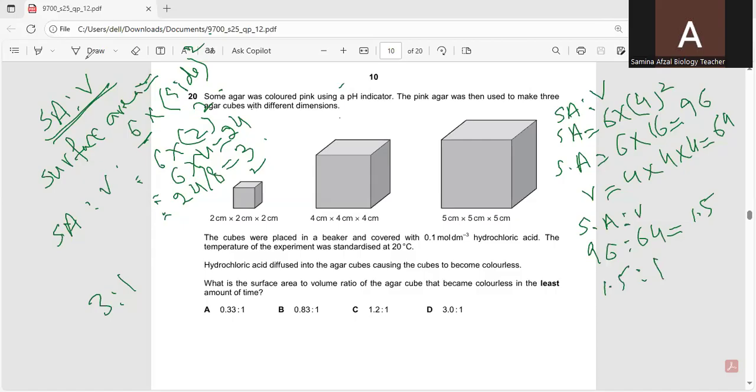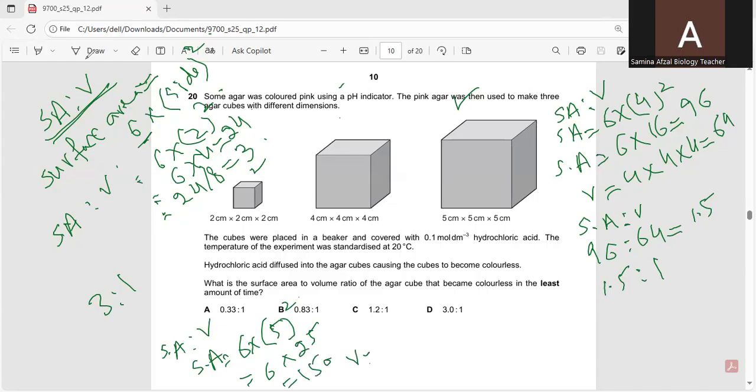And then the third cube is the one with side 5. SA to V. First of all, SA is 6 into 5 squared, which is equal to 150.